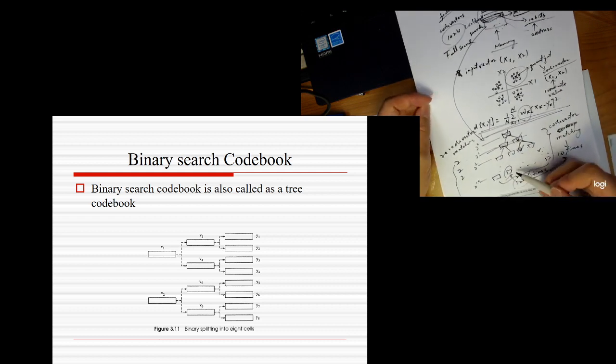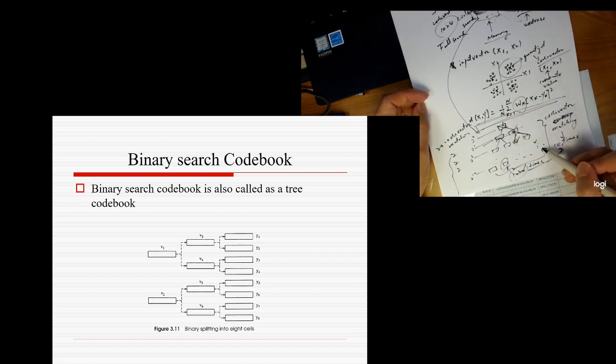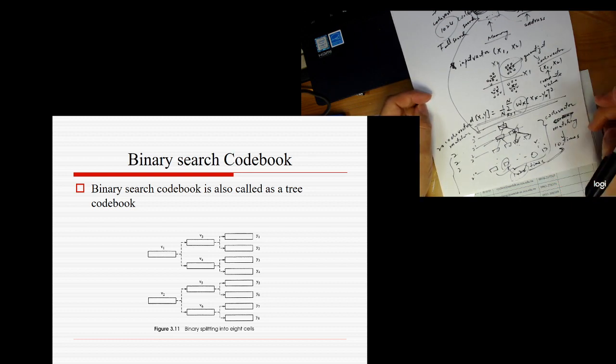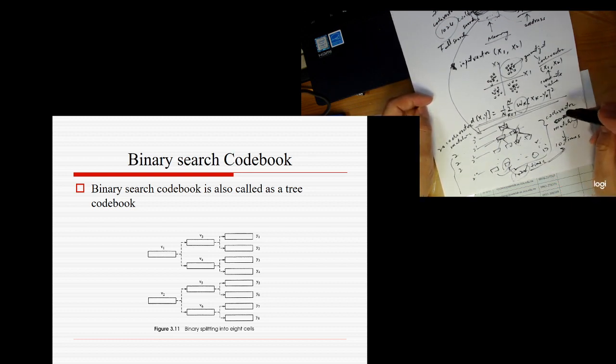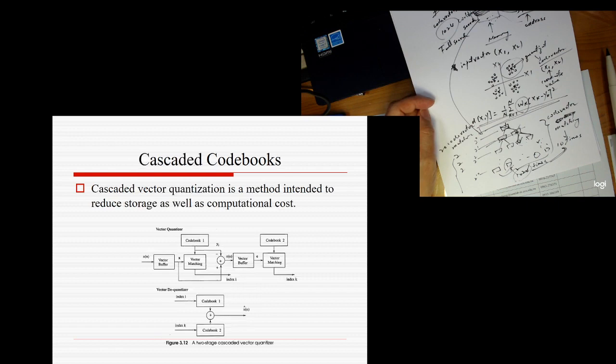Maybe the best winner is here, but in the beginning your tree goes the wrong way, so the winner becomes another one. Sometimes you reduce your covector searching time, but the performance may not be the best one, it is the second best or third best.